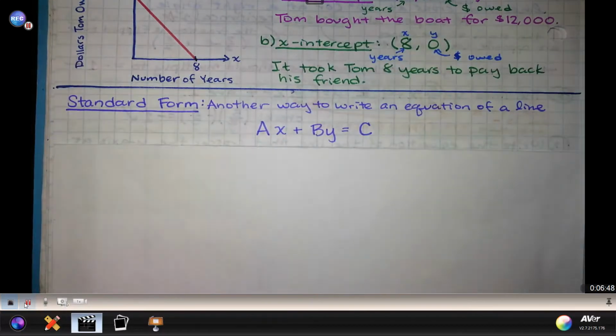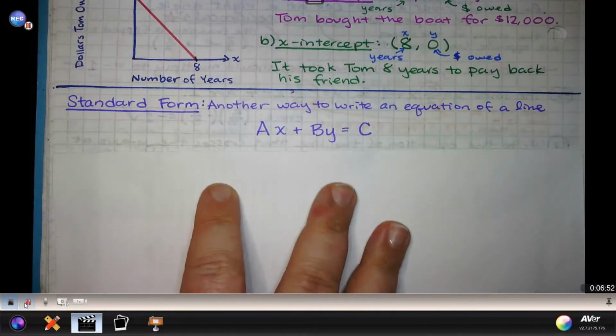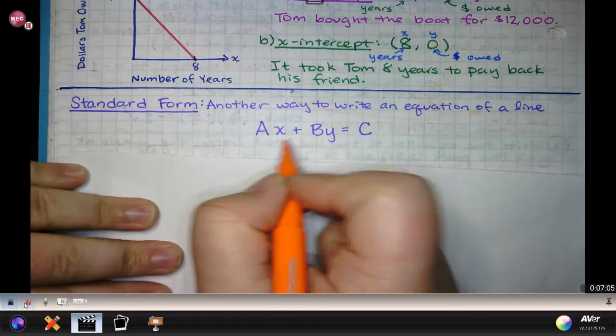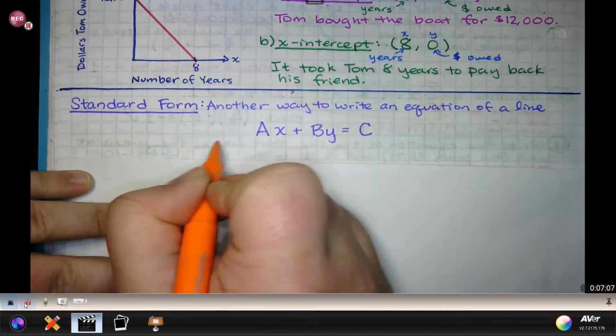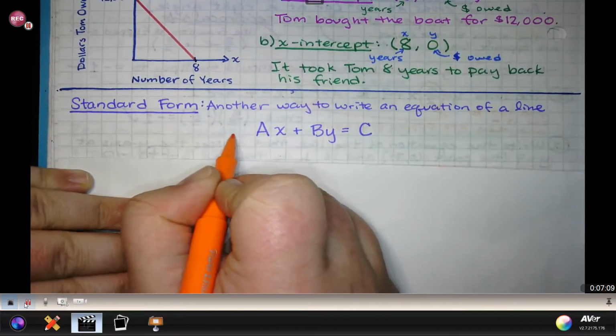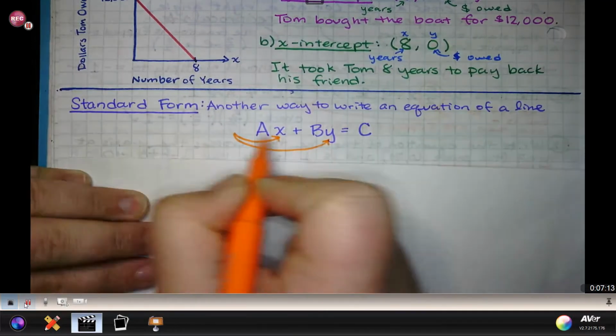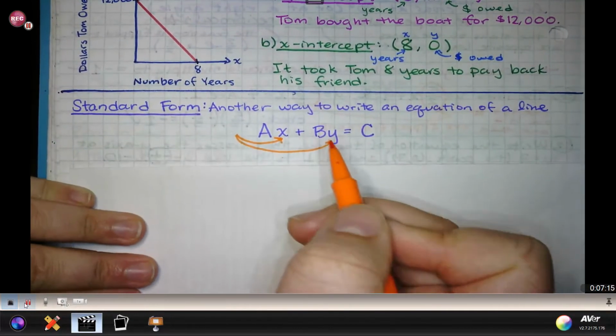And you're going to see probably in Algebra 2 that standard form is something that continues into other types of graphs, but slope-intercept isn't always applicable, but this one is. So the thing to know is, just like slope-intercept, we want to keep x and y as letters or variables.